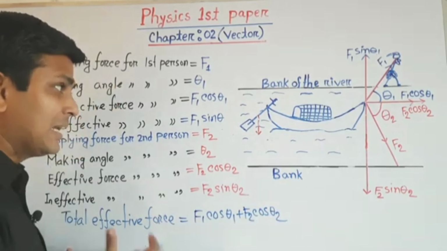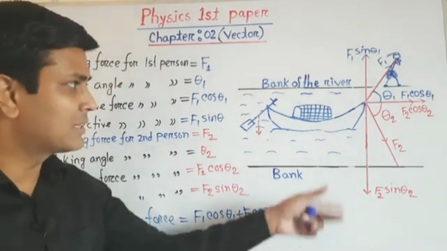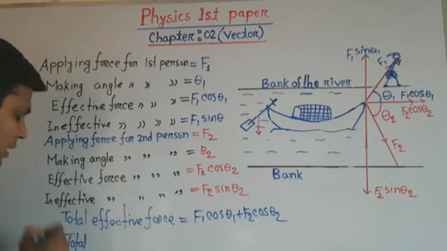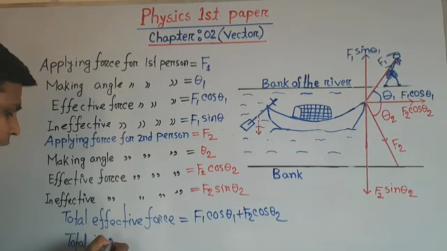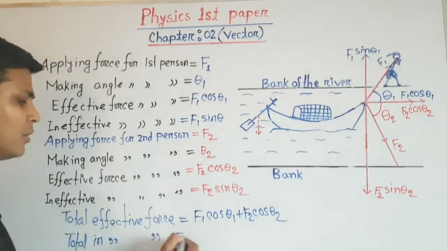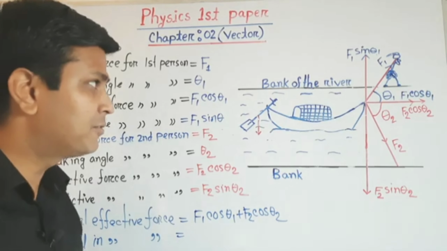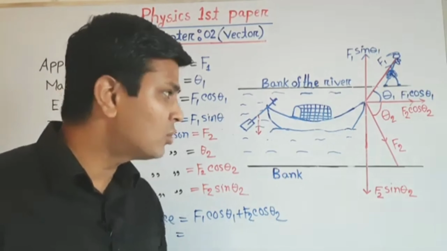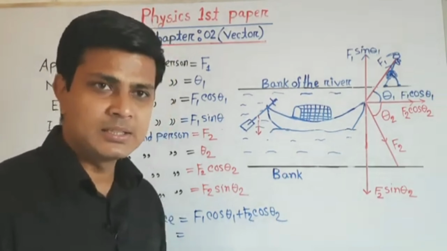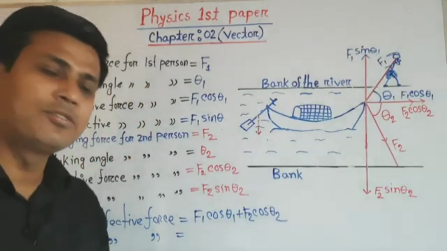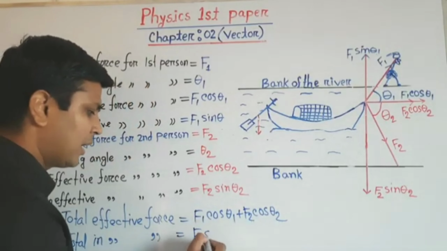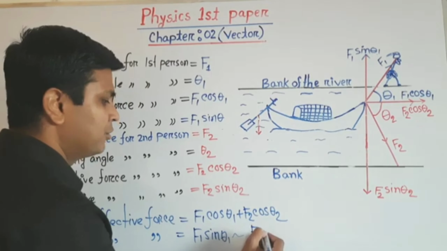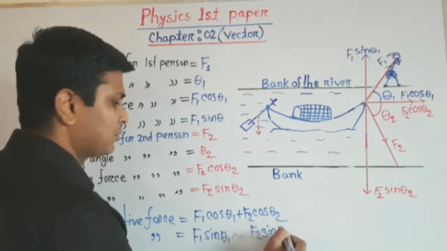The total ineffective force by the two persons will be the difference of the two horizontal components, and we don't know which value is greater, so we can write here the difference, that is F1 sin theta 1 minus F2 sin theta 2.